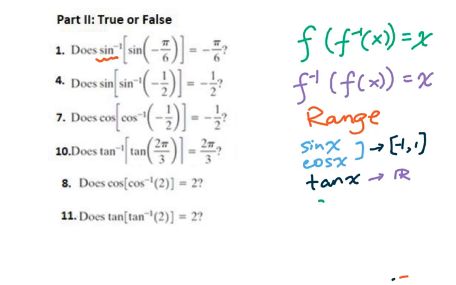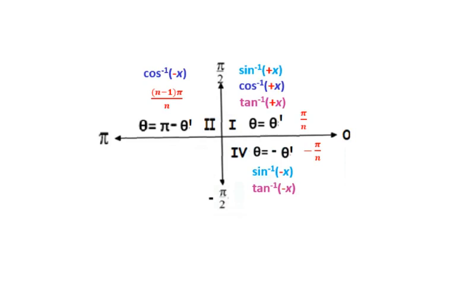For inverse sine x, inverse cosine x, and then inverse tangent x, just look at the chart. From this chart, you got a range for inverse sine that will be from negative pi over 2 to pi over 2.